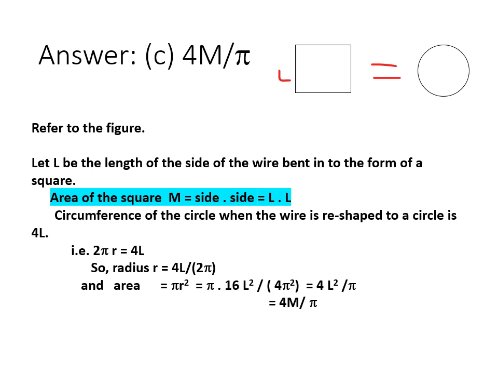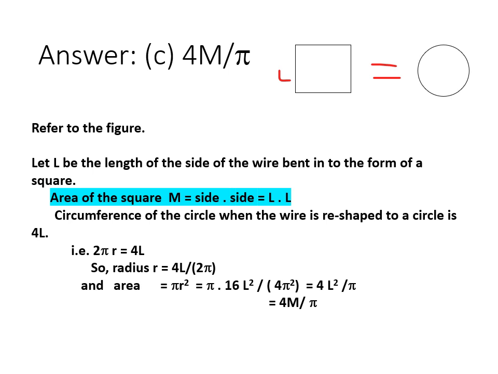Now this wire of length 4L is bent into the form of a circle. When done so, it forms the circumference of the circle. Therefore, 2 pi r is equal to 4L, giving the radius r as 4L by 2 pi. Now to compute its area, use the formula pi r square and substitute the value of r.